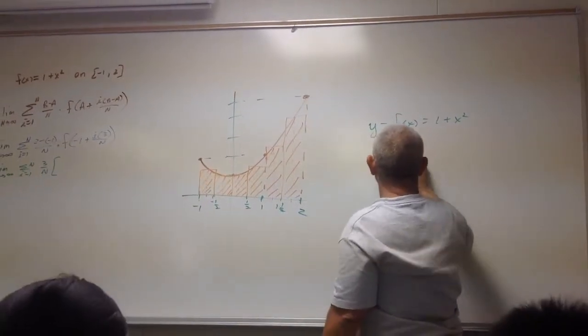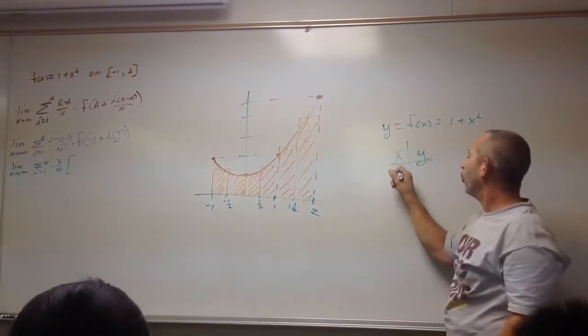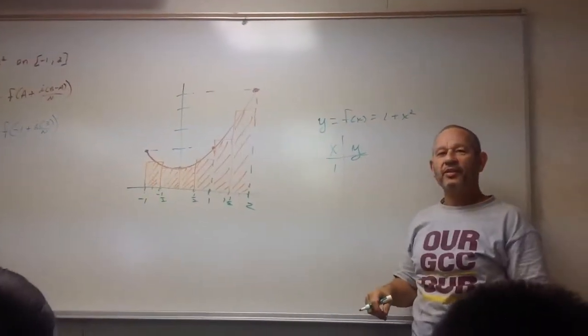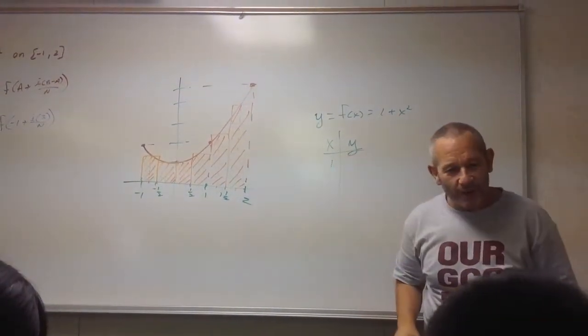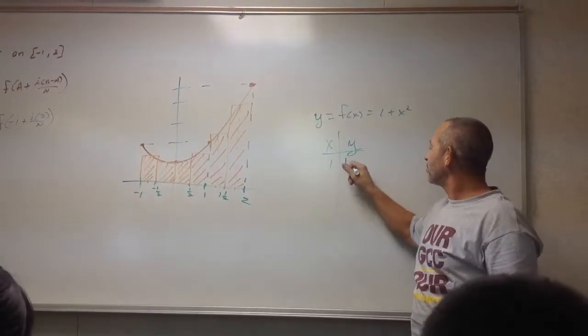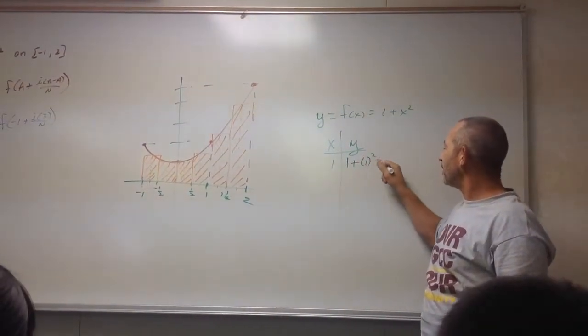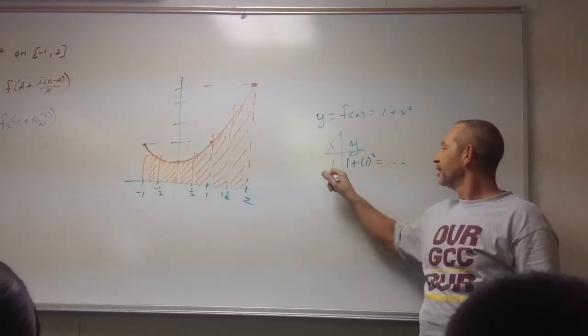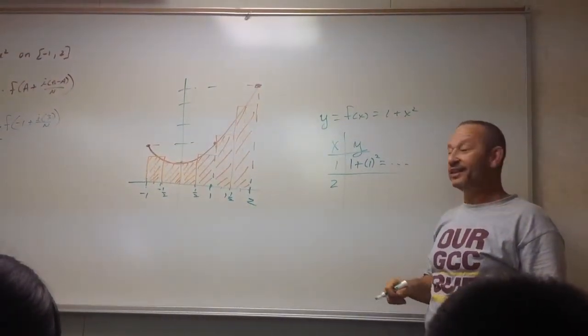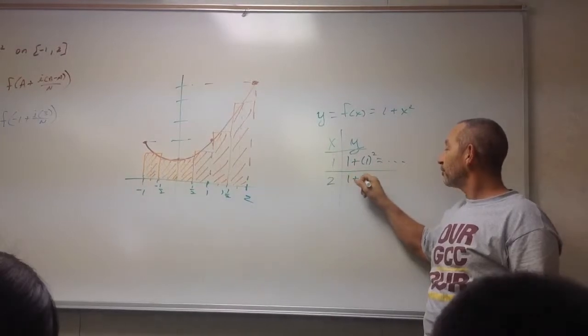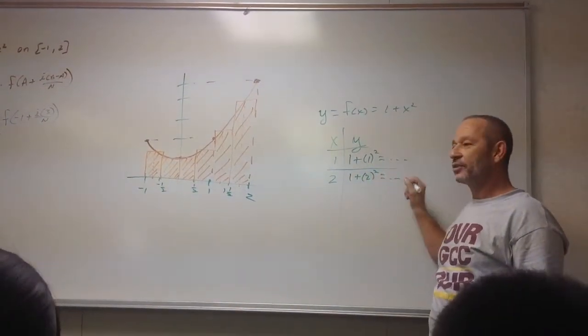So suppose that I tell you that x is 1. How would you plug that into f? 1 plus 1 squared equals, who cares? What if I asked you to plug 2 into f? 1 plus 2 squared equals, who cares?